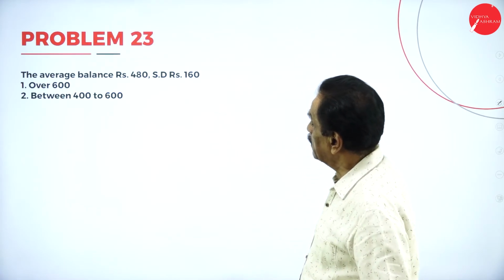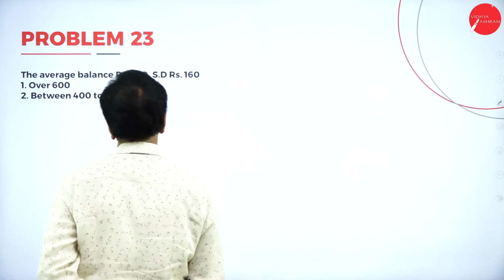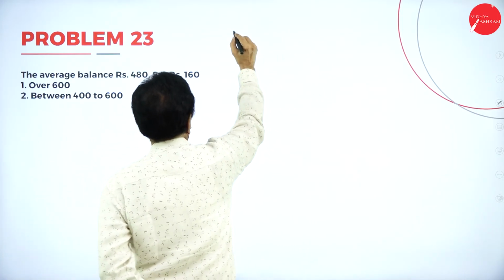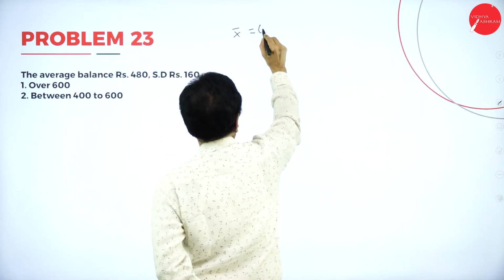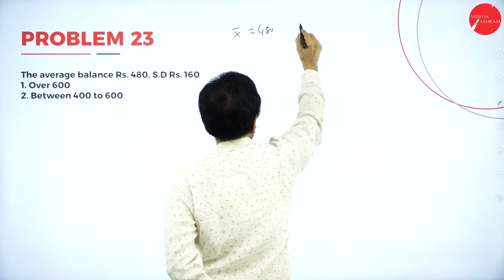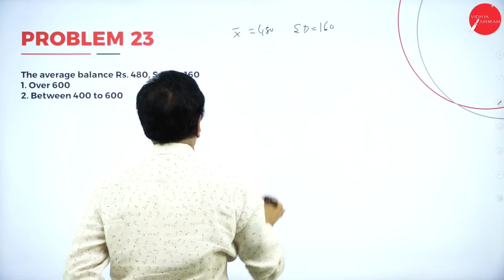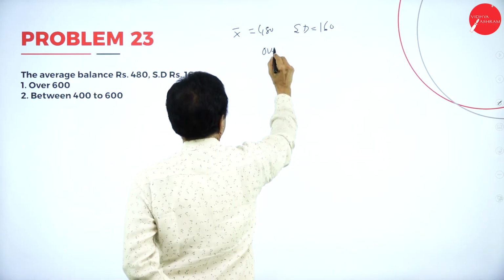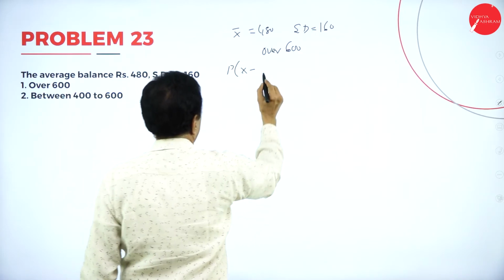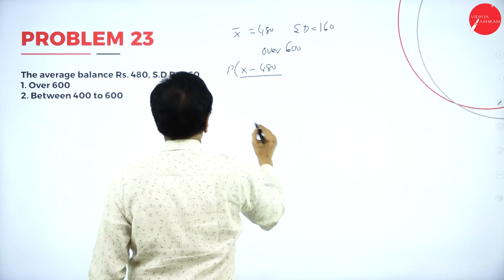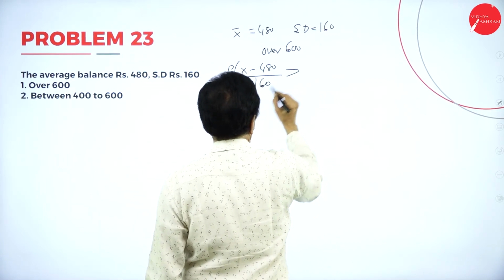Then the average balance is 480. Standard deviation is 160. So mean is 480, standard deviation is 160, over 600. P of x minus mean, 480, divided by 160, more than.